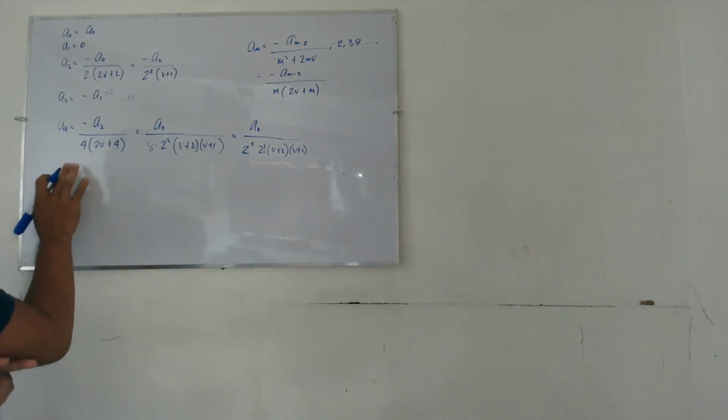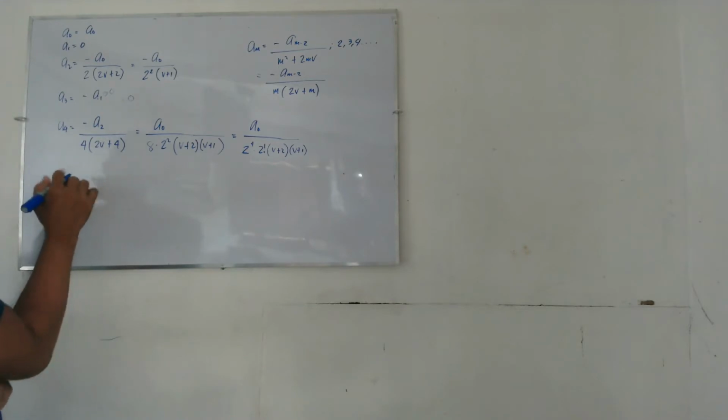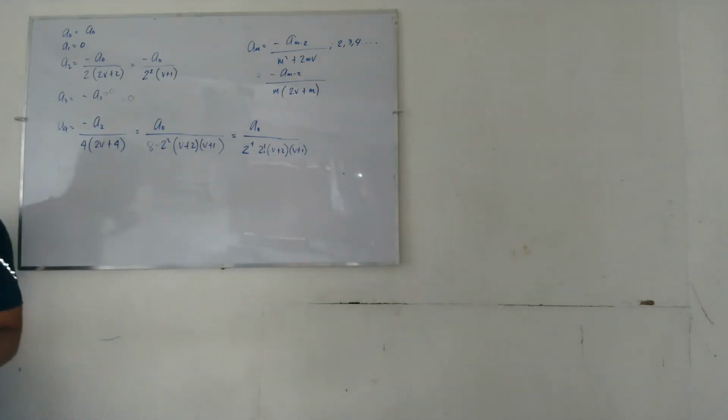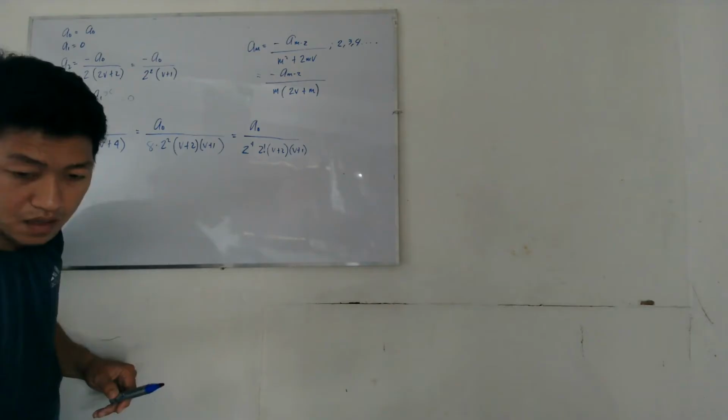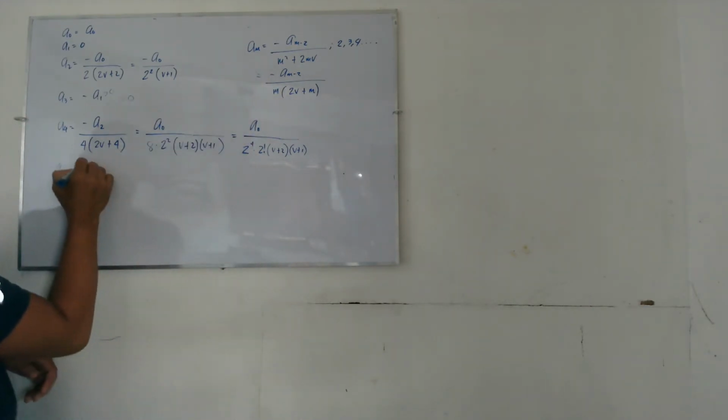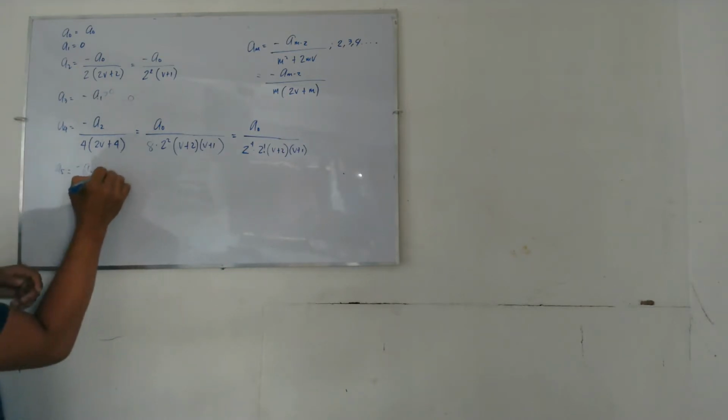So that is A4, next A6. Now, A5. Okay, A5. So, negative A3. We know that A3 is 0.